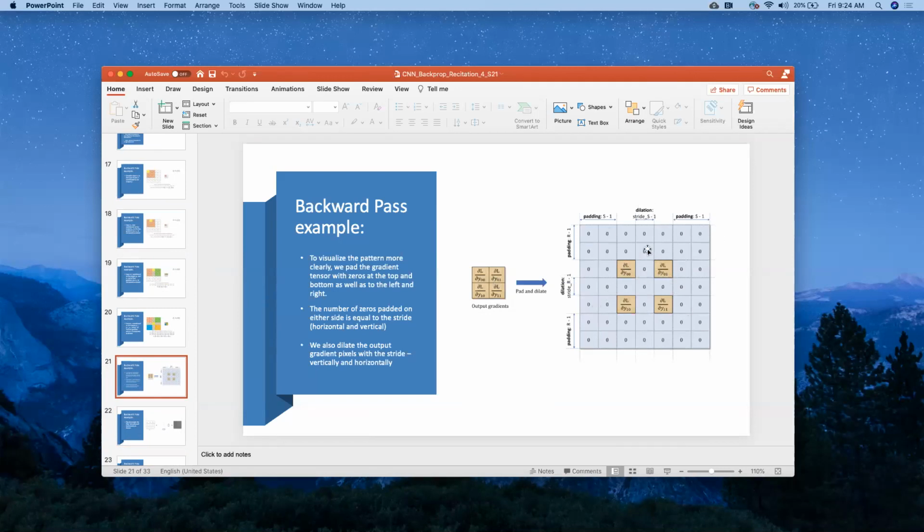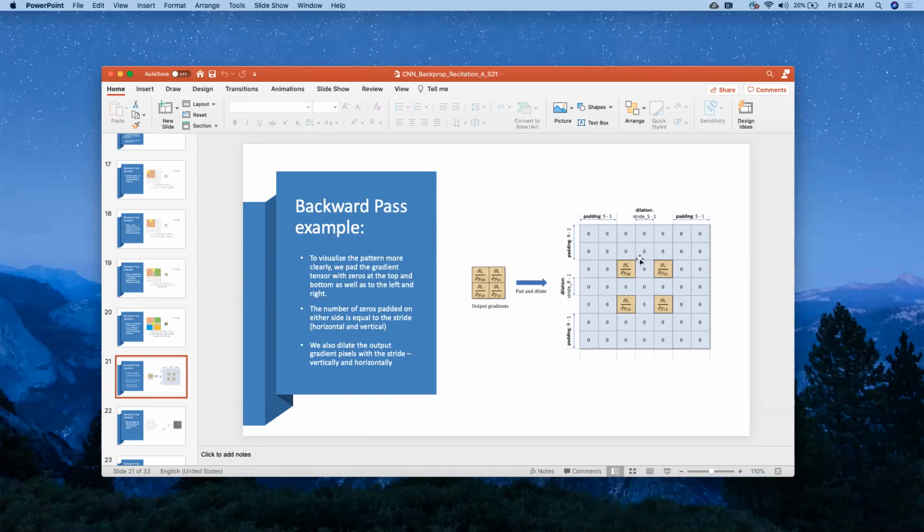Since your stride is equal to 2, you will be dilating with S minus 1 in between. So here we are dilating it with one row and one column. How would you do that?